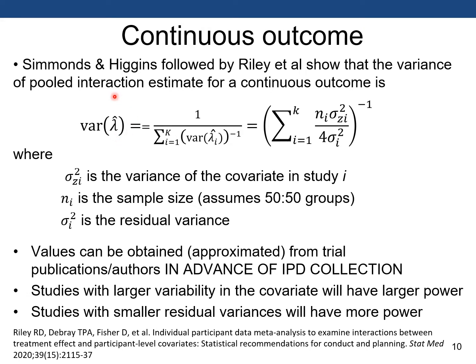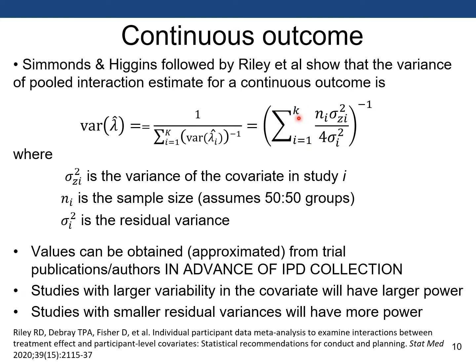When you've done your meta-analysis, you're going to work out a confidence interval for the summary result based on the variance, and the variance is defined by 1 over the sum of the inverse variances from each of the trials. So the variances of the interaction estimates in each of the trials are very important. When we follow through the maths, and this is shown in our papers, we get that this is equal to the sum from i equals 1 to k.